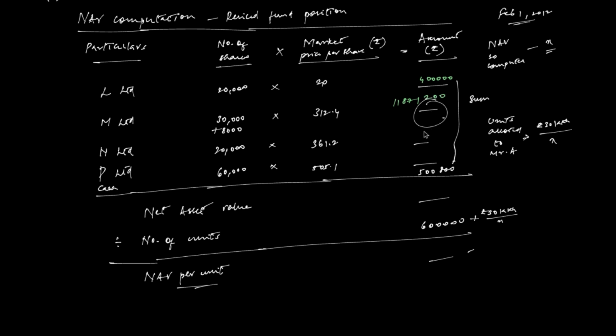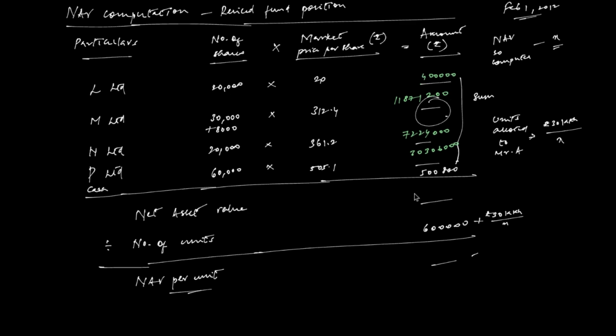Next, 20,000 into 361.2, that is 7,224,000. Next, 60,000 into 505.1, it is 30,306,000. Okay. Then you have cash of 500,800, which we already computed. Now, the sum of all this is 50,302,000.